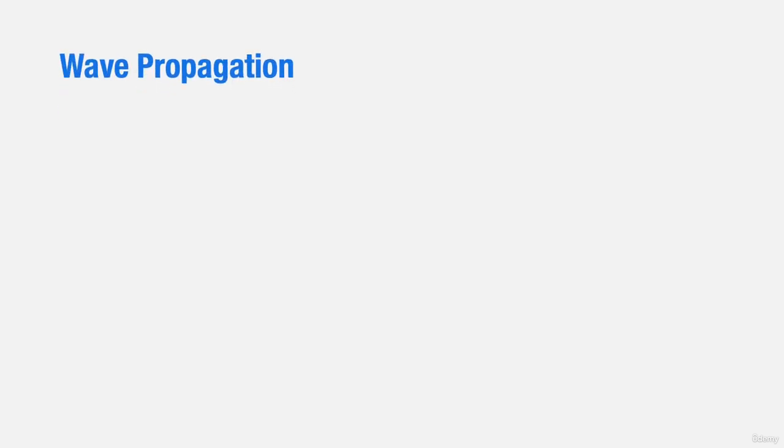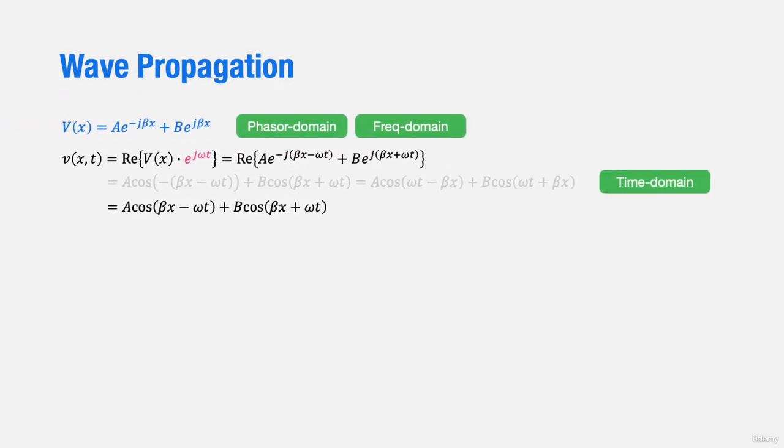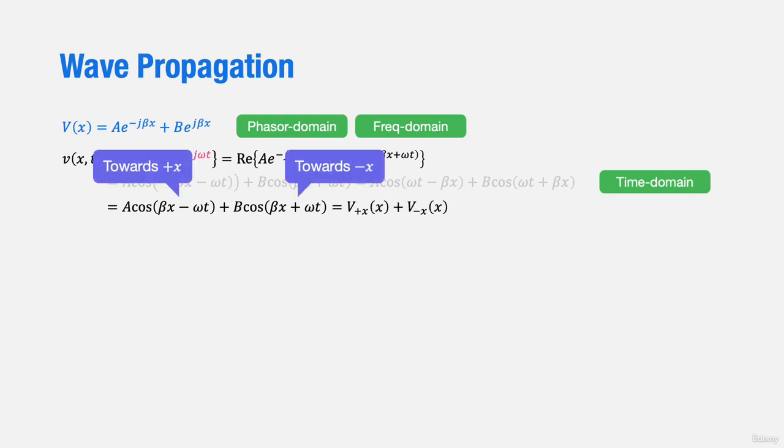Now let's consider a traveling voltage wave on an infinite line, represented by the phasor v of x and related to position x. Its time-domain response is a times cosine beta x minus omega t for the voltage wave propagating in the positive x direction, and b times cosine beta x plus omega t for the wave propagating in the negative x direction.